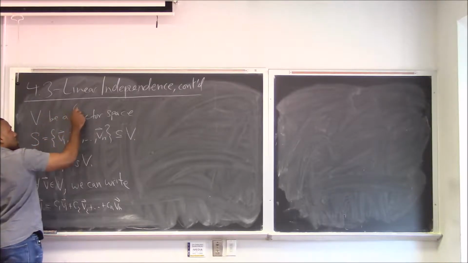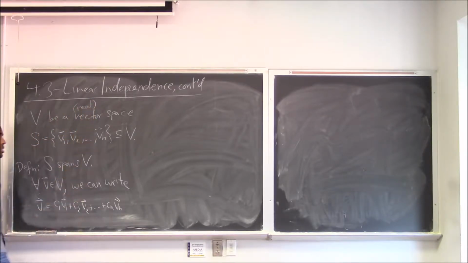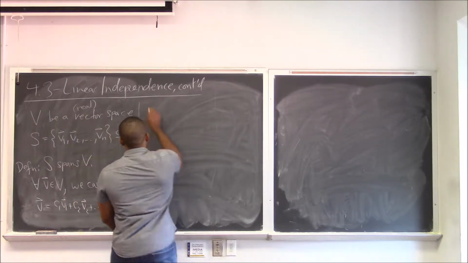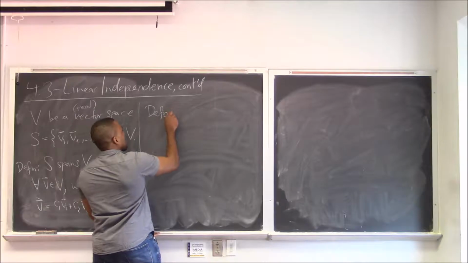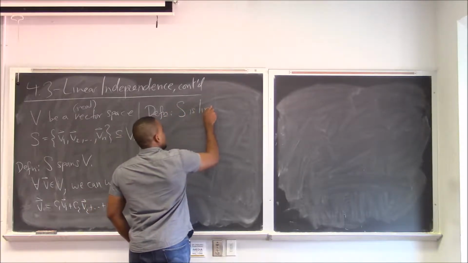So in particular, this is like a real vector space, meaning the scalars come from the real numbers. Then I can write any vector in this vector space V in this manner, and I can say S spans V.